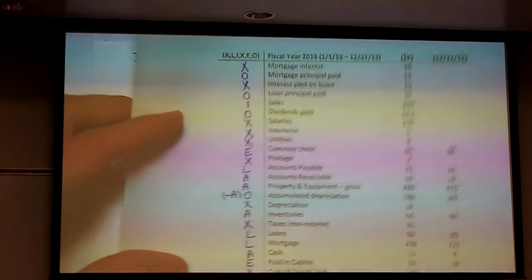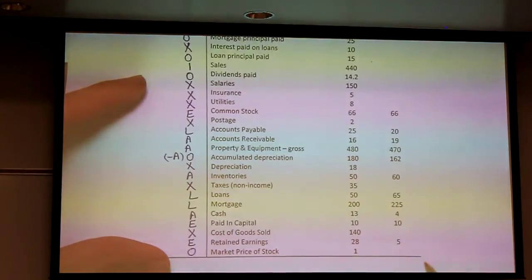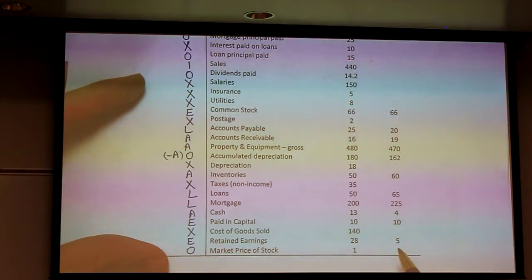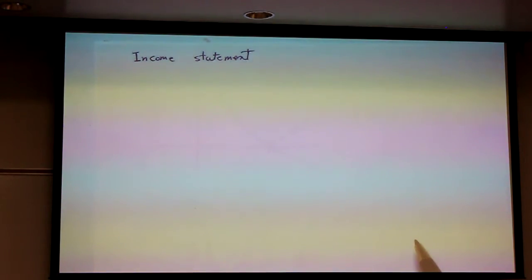That is the check for the income statement. You are going to calculate the income statement, then go back to your table and check your retained earnings. We need to get this number. Retained earnings, where's retained earnings? 28. We need to target this 28.